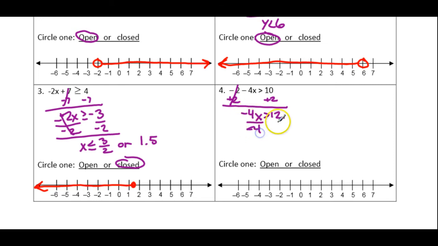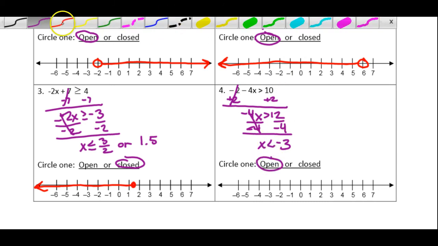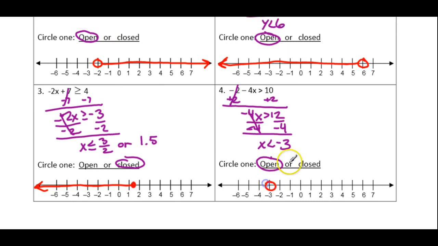Opposite would be to divide by that same negative 4. Boom, that's gone. x is coming down. Now we divided by a negative, so we've got to flip that sign again. And then 12 divided by negative 4 is negative 3. Look at that sign. Not equal, so it's open. When we graph it, we're going to go to negative 3 and put our open circle on negative 3. x is less than, arrow's pointing to the left.